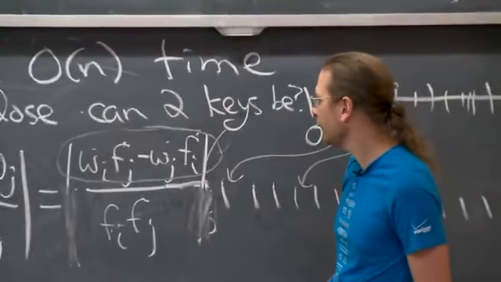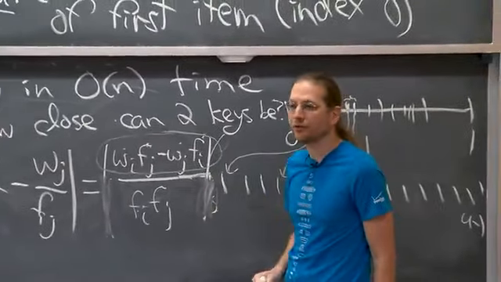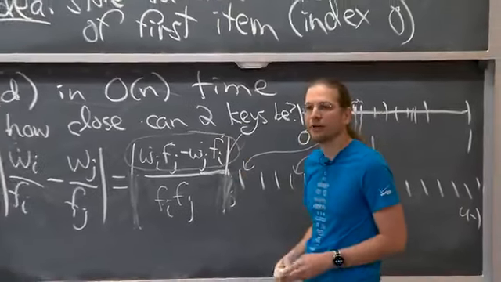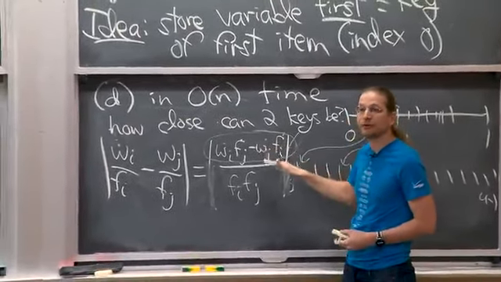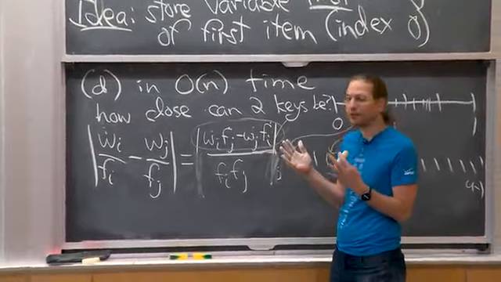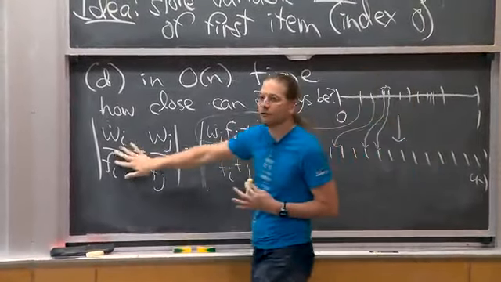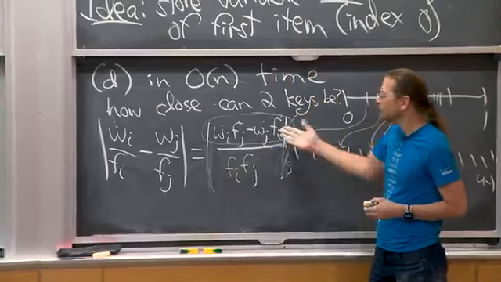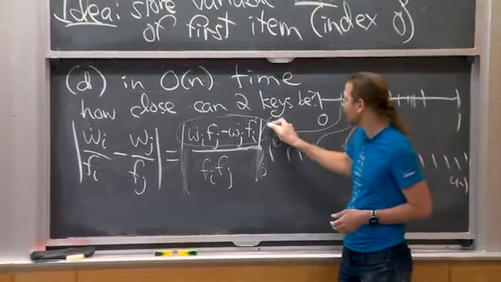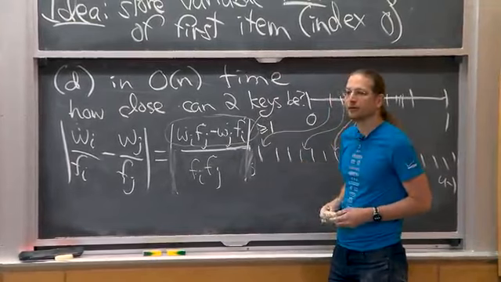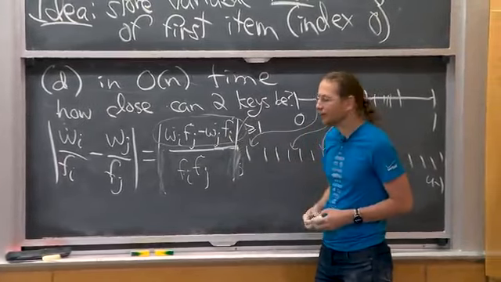It's a non-negative integer because all the things are non-negative. It could be equal to 0, but if it's equal to 0, that's actually identical ratios, right? If this is 0, the whole thing is 0, and so these two values were the same. Okay, but let's suppose it's not 0. If it's not 0, it's actually at least 1 in absolute value because it's an integer.